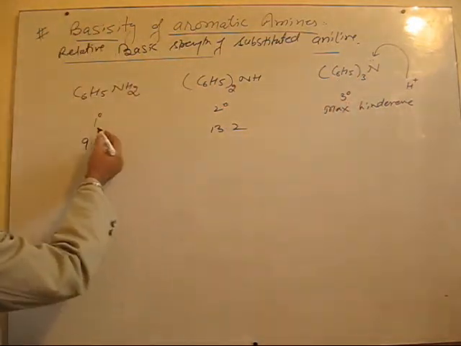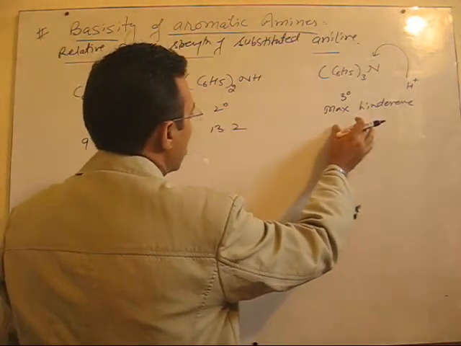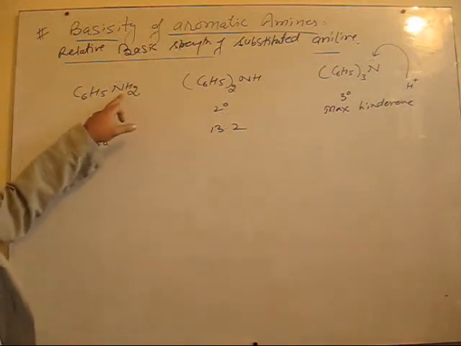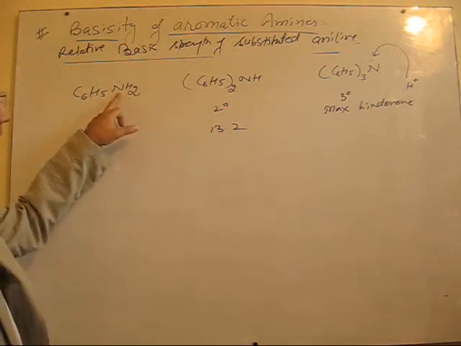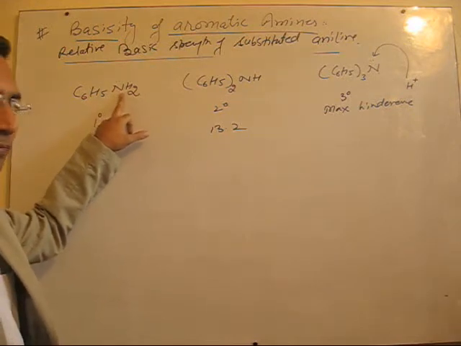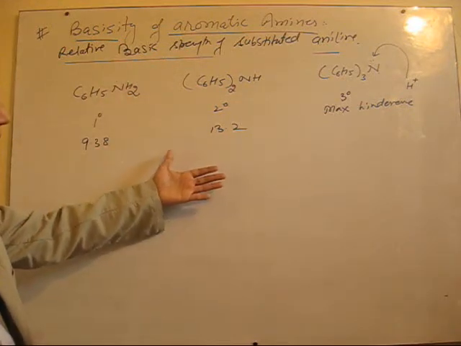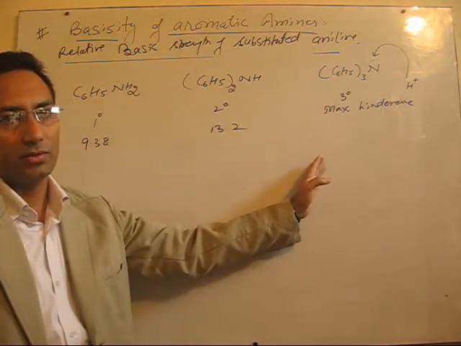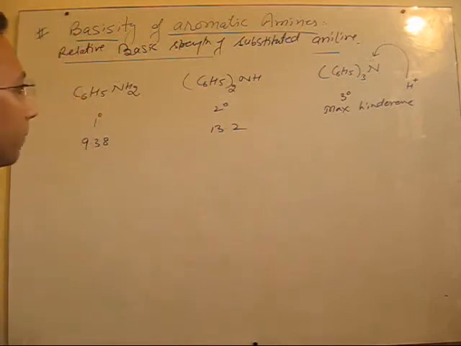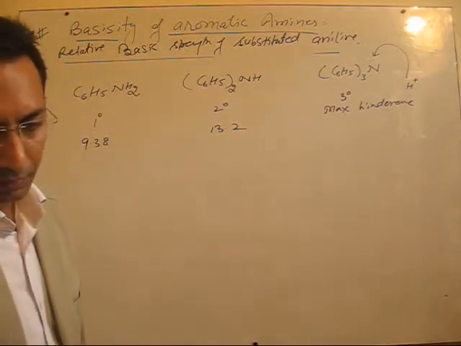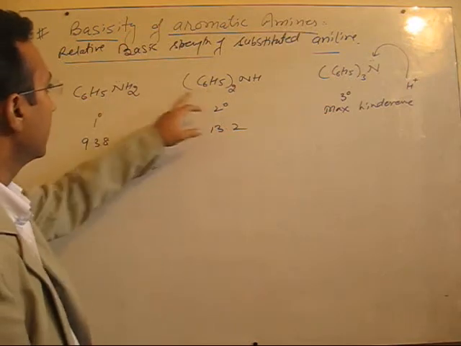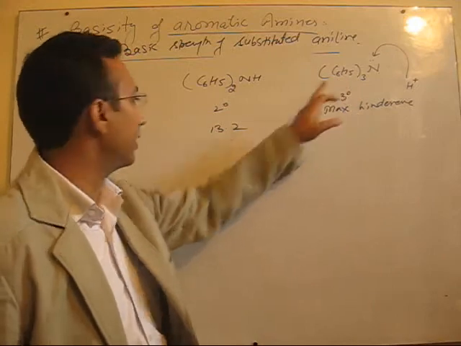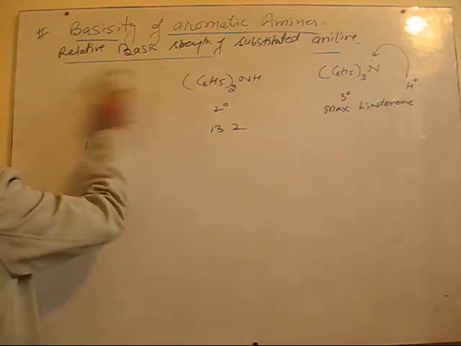As a result, this is the least basic and aniline is the most basic. So we have seen, if in the previous case we discussed that alkyl substituents present on nitrogen increase the basic strength, but if aromatic substituents are present on nitrogen, they will decrease the basic strength, right? So this comparison can also be asked. We have here diphenyl aniline and this is triphenyl aniline, right?